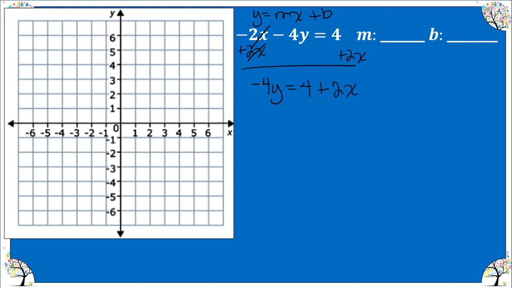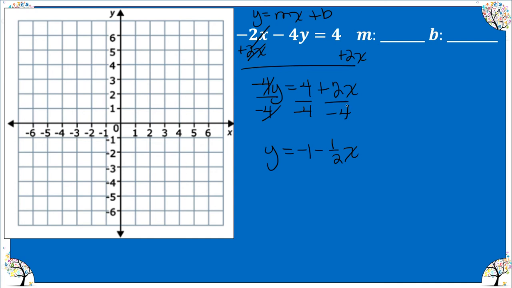Then we're going to divide every term by the -4 so that y is now isolated. And I have y equals -1, and this is a positive divided by a negative, so it's negative, and it simplifies to 1/2 x.